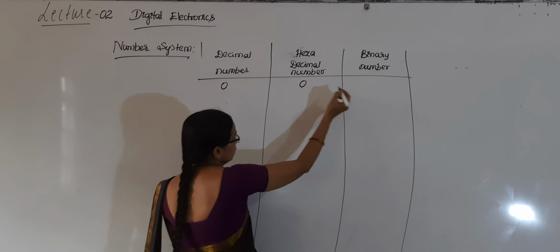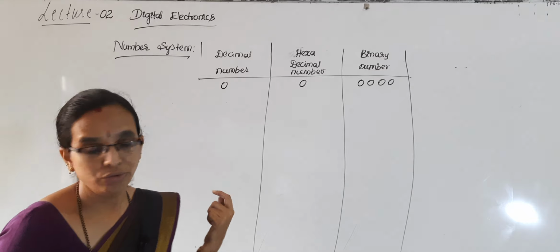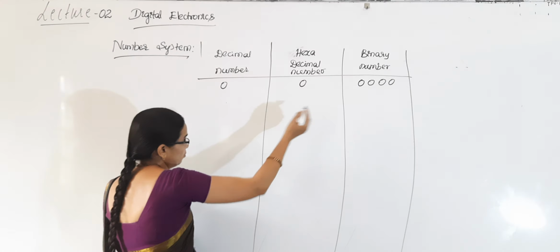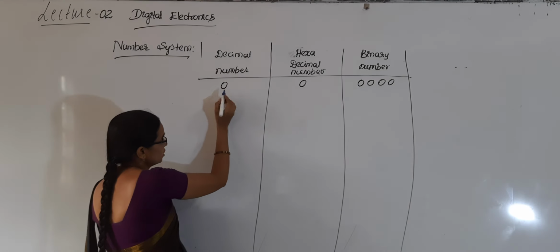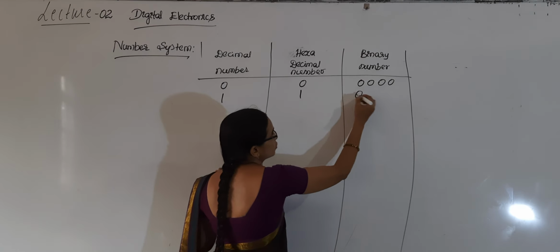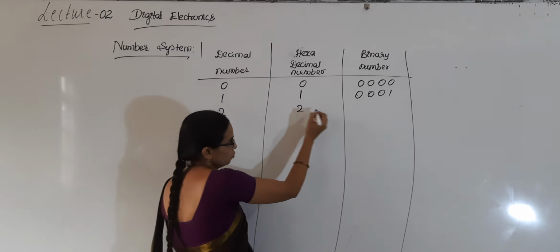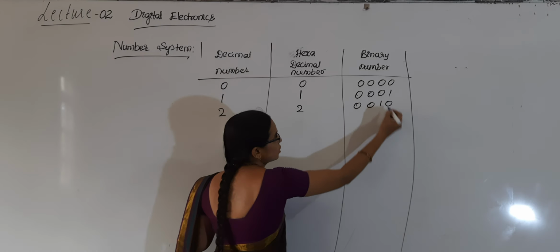For 0, it is 0 only, binary 0, 0, 0, 0. We use 4 bits, that is a nibble, for representation. 1 is 1 only, in binary 0, 0, 0, 1. 2 is 2 only, in binary 0, 0, 1, 0.